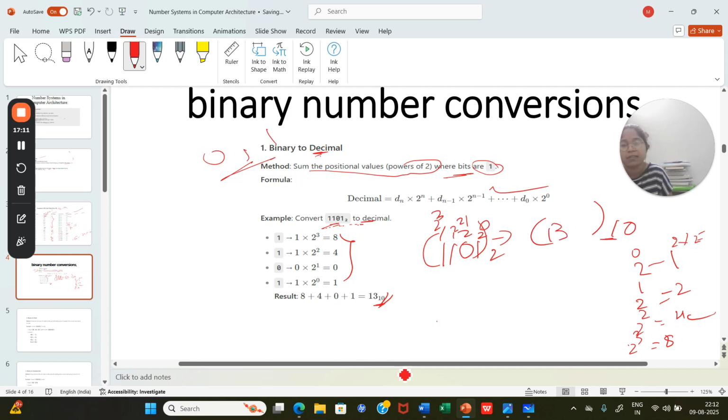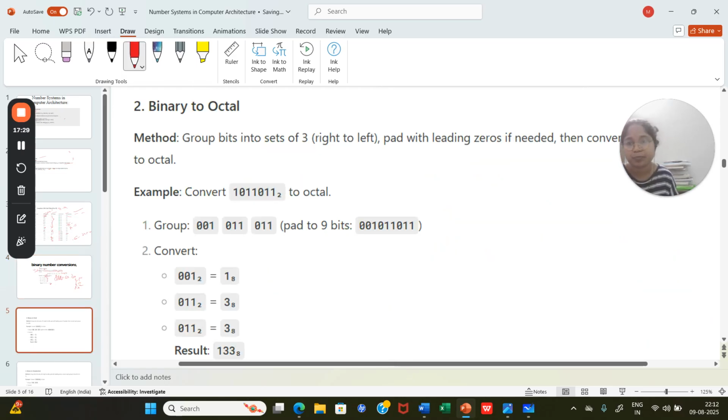This is our answer for the conversion. Just remember the powers of 2: write the 2's power starting from the RHS side and end with the LHS side, that is the rightmost to the leftmost.